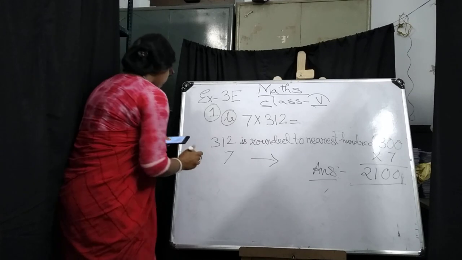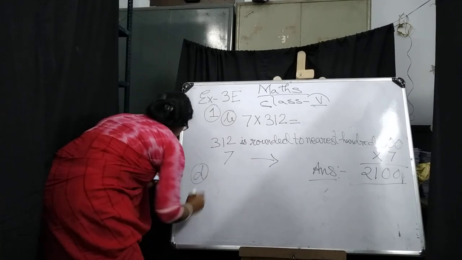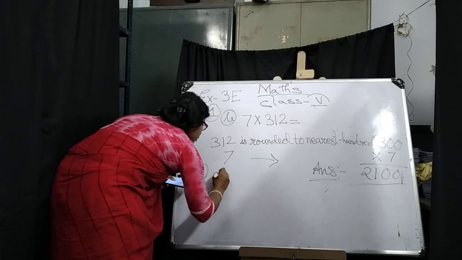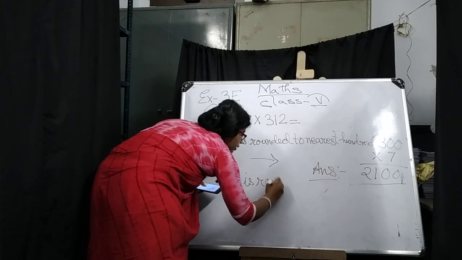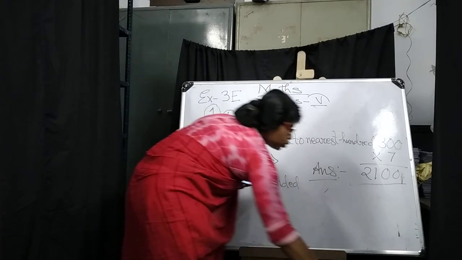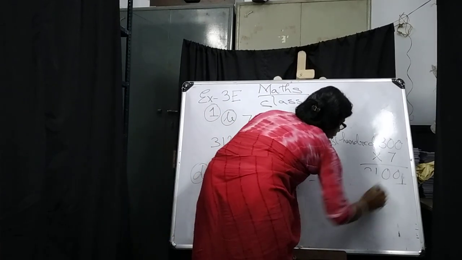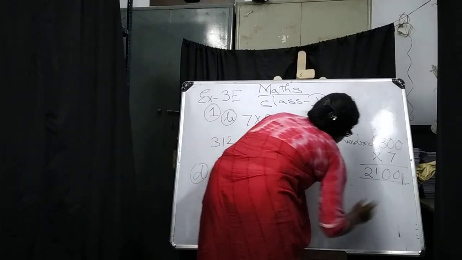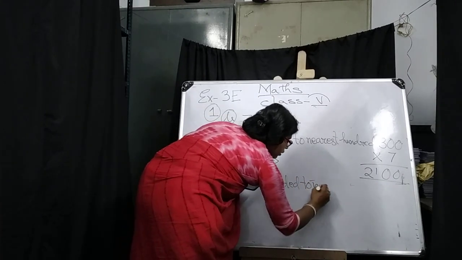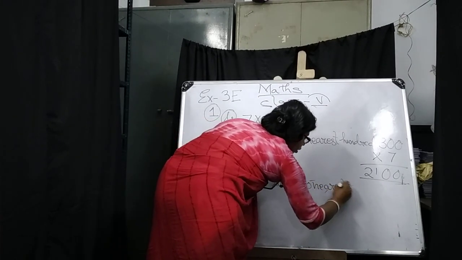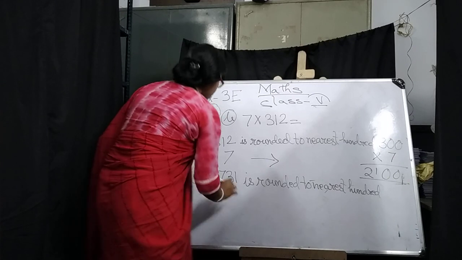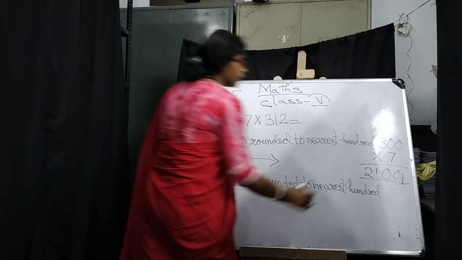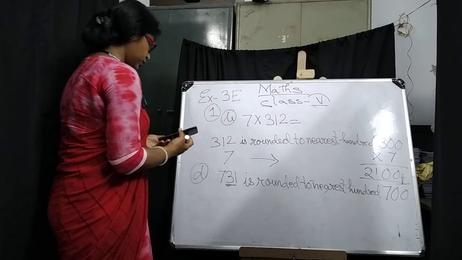So let me do another one for you. Number D. 731 is rounded to nearest 100. 731 is rounded to nearest 100, that is 700.